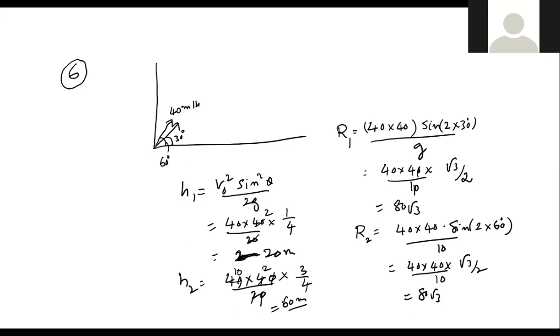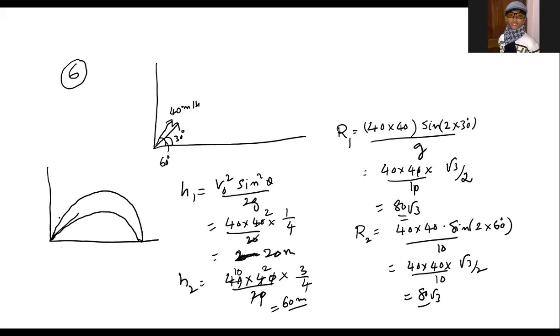So this is going more height. This is going less height, but both are having the same range. So what do you mean by that? This will go less height. That will go more height, but the ranges are same. Do you follow? Yes, sir. So that is the idea.